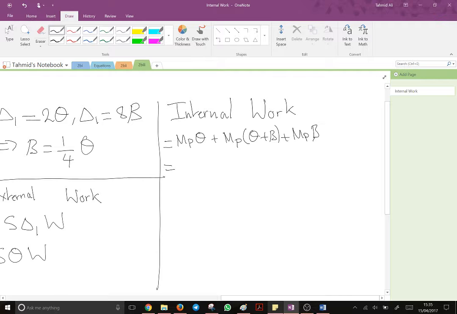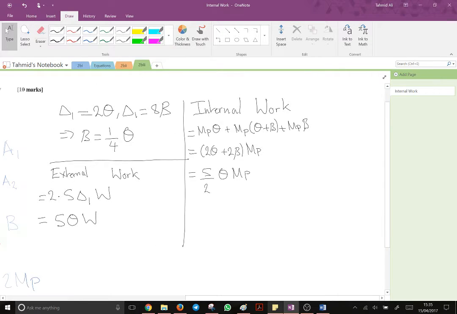This is going to be equal to 2 theta plus 2 beta times MP. Now we know what beta is. Beta in this case is equal to 1 over 4 theta. If I plug it in, I get 5 over 2 theta MP. And like usual, we equate the two.